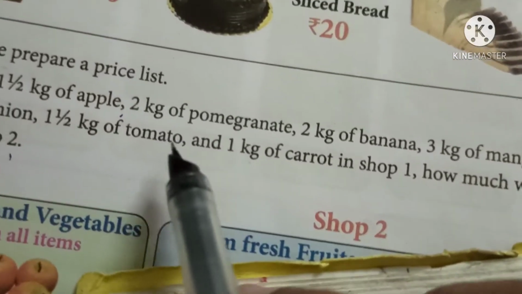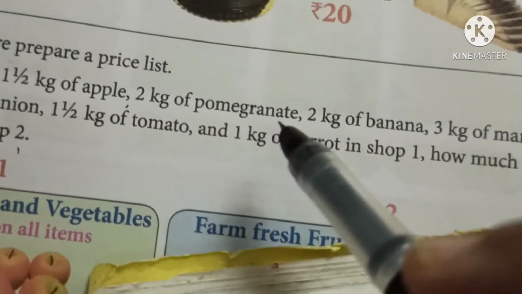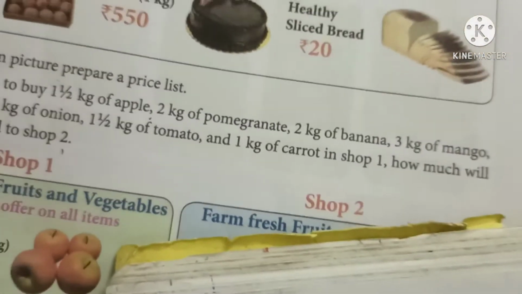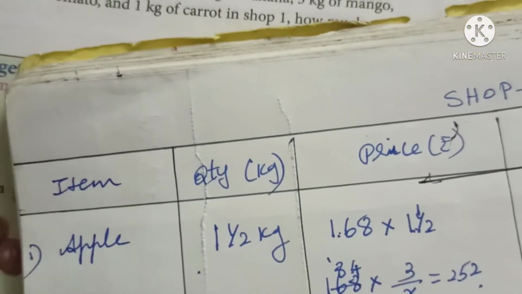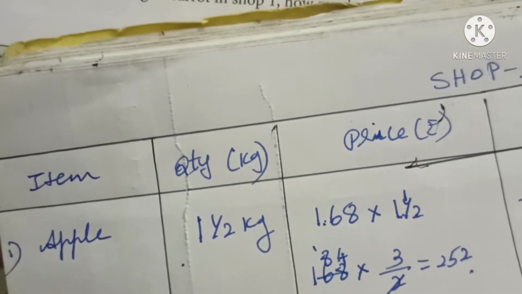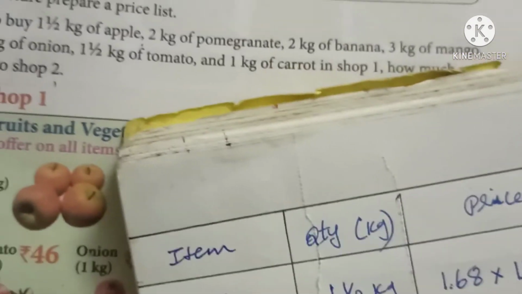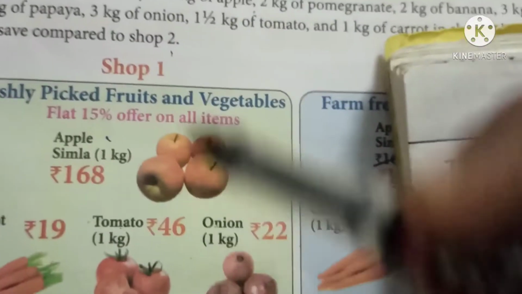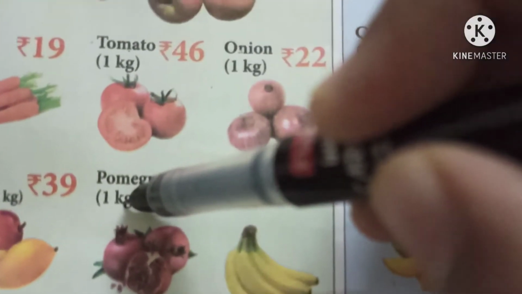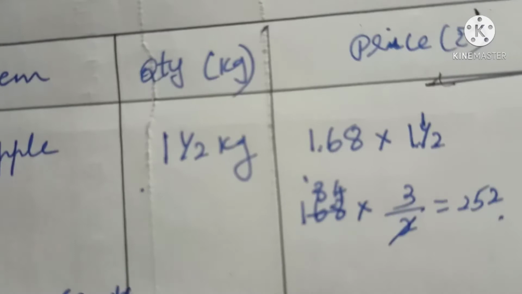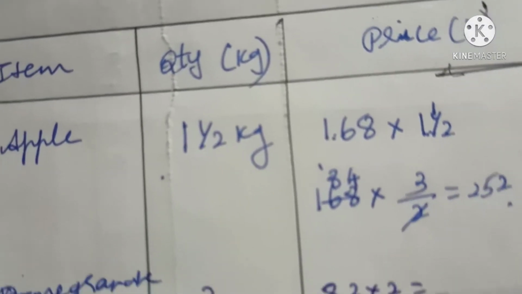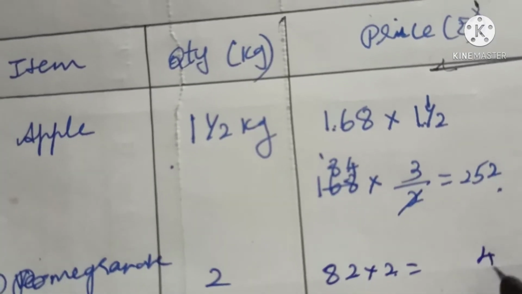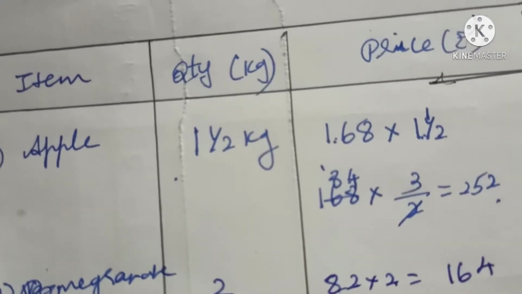And next one, 2 kilogram of pomegranate. Pomegranate 1 kg is equal to 82 rupees. We need 2 kg. Therefore 82 into 2 is equal to 2 2s are 4, 164.